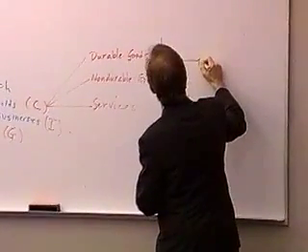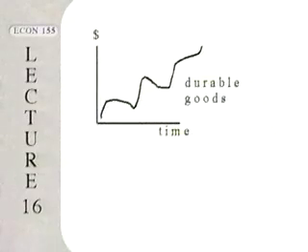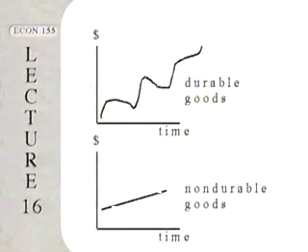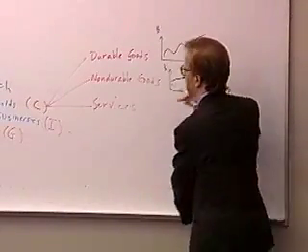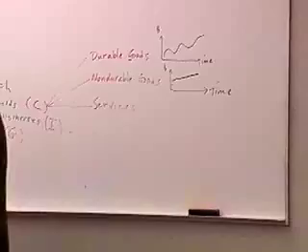Over time, durable goods spending, I'll just put dollars there, tends to go through cycles, but non-durable goods spending through time tends to just go up. And let me draw that a little flatter. It doesn't go up rapidly. It's more of a slow growth. And there are little dips and little pickups, but they're minor.